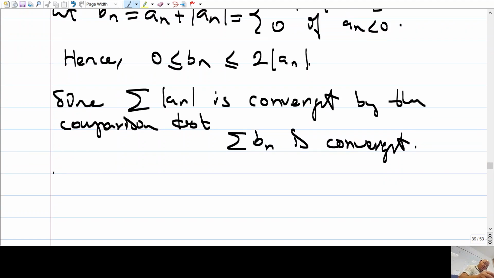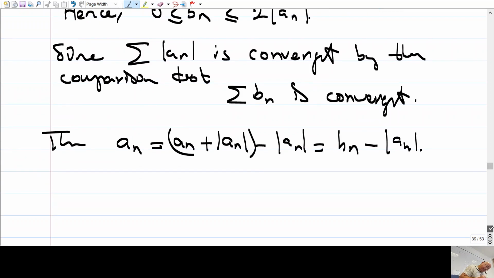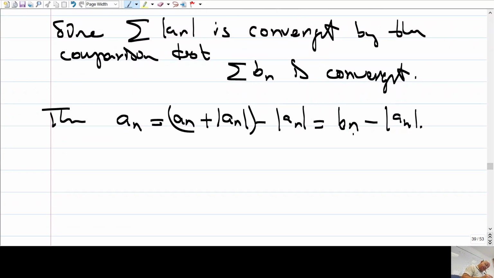All right. But then we have this: an is equal to an plus absolute value of an minus absolute value of an, which I can write this way: bn minus absolute value of an. This series is convergent, and this series is convergent.